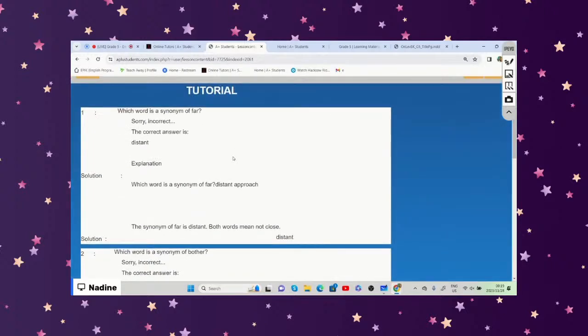If we look at this activity, it says, which word is a synonym of far? And if we look at two options, the synonym of far, is it distant or is it approach?